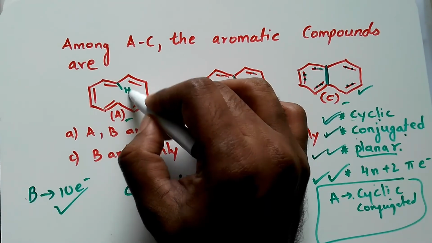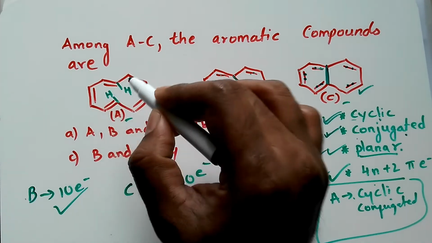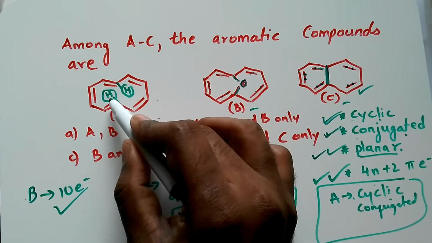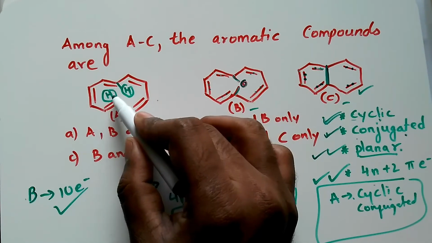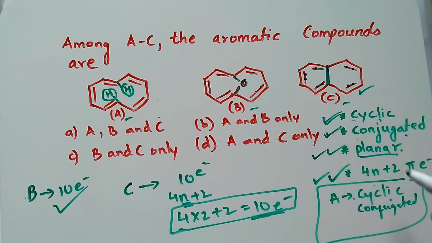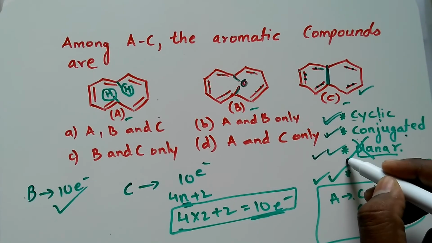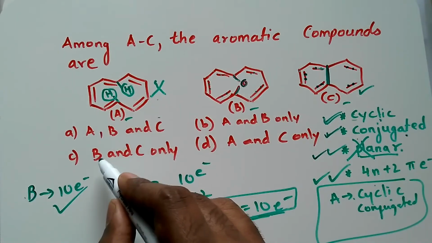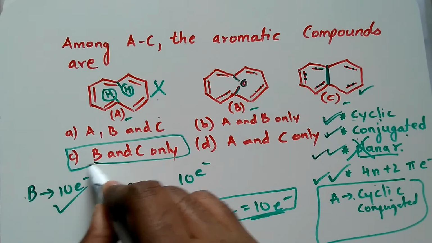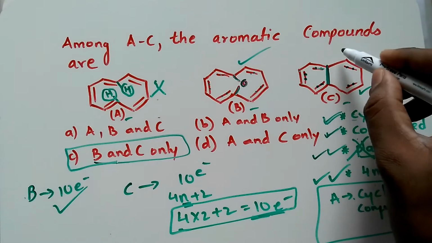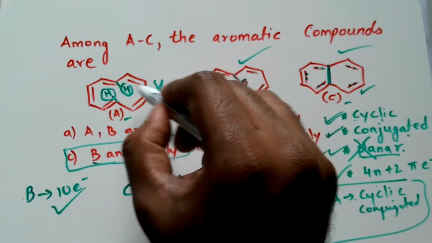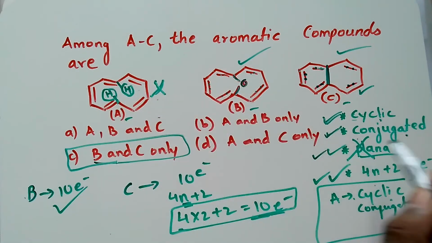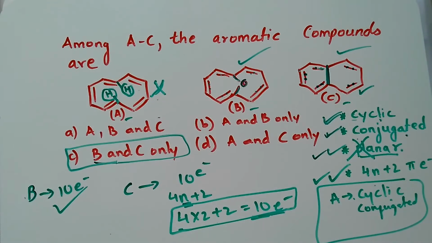There is a hydrogen here and a hydrogen here. These 2 hydrogens will repel, and it will not be in the planar structure. Since planarity is not maintained, this will not be aromatic. So only B and C are aromatic. This is aromatic, this is aromatic, and this is not aromatic because of this hydrogen. It disturbs the planarity.